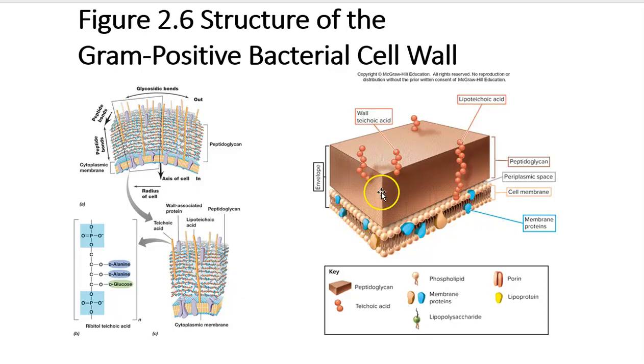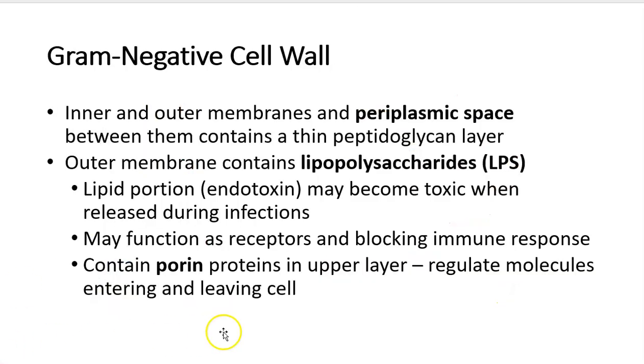But look at the thickness of this layer of peptidoglycan. And this becomes important. I don't expect you to do the biochemistry, but I expect you to know the thickness. So you have a thick peptidoglycan layer, you have a space, and then you have the membrane. This becomes important when we start doing the gram stain.